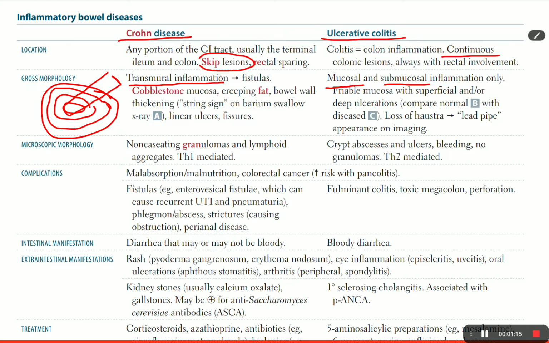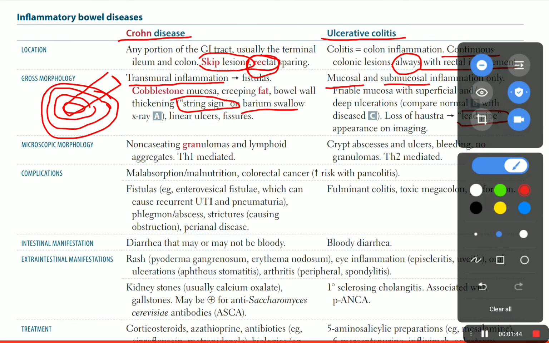About the anatomy, the rectum is normal in Crohn's disease, but the rectum is always affected in ulcerative colitis. On X-ray, after applying the barium swallow, we have a sign called the string sign. But in ulcerative colitis, we call it the lead pipe sign.